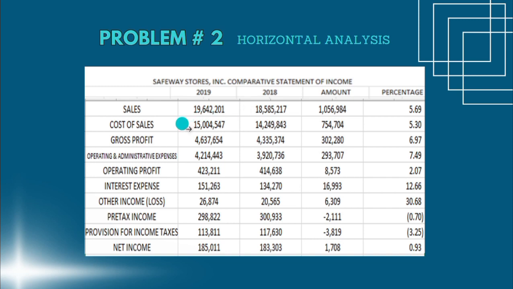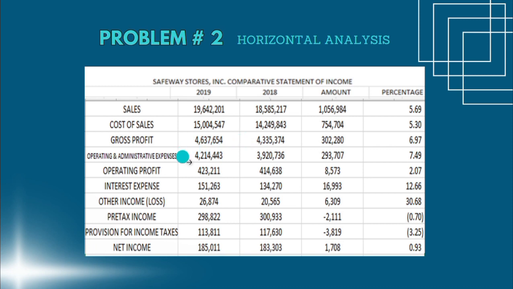They have 15,004,547 cost of sales in 2019 and 14,249,843 cost of sales in 2018. They have 4,637,654 gross profit in 2019 and 4,335,374 gross profit in 2018.